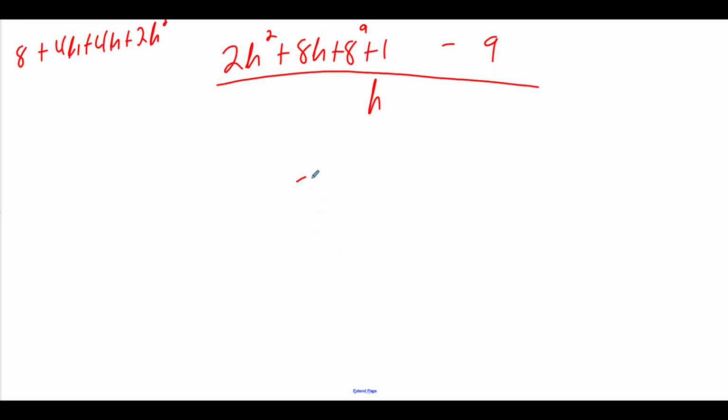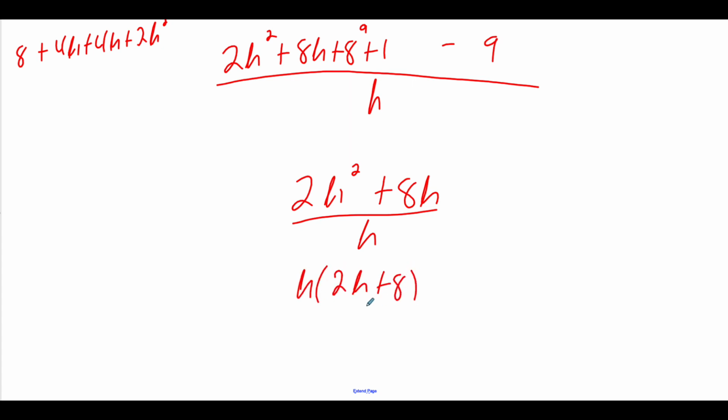So then the numerator just says 2h squared plus 8h, and this is being divided by h. If I take out an h on top, that's going to give me 2h plus 8 over h. And then that h that I just took out is going to cancel out with that h from the bottom.